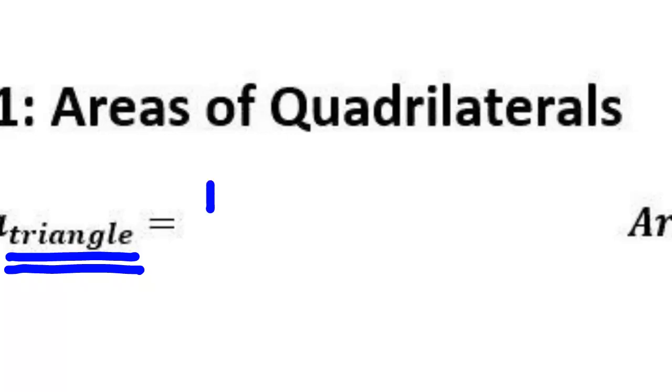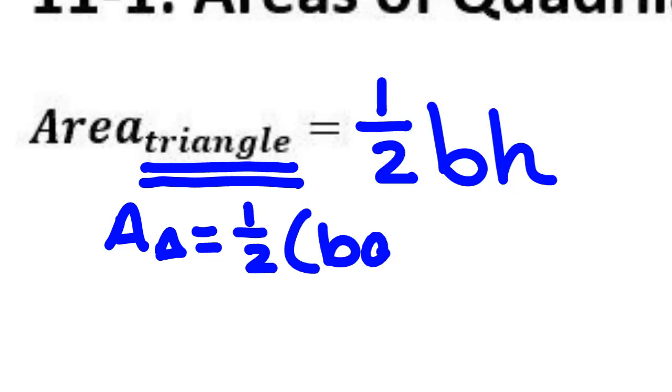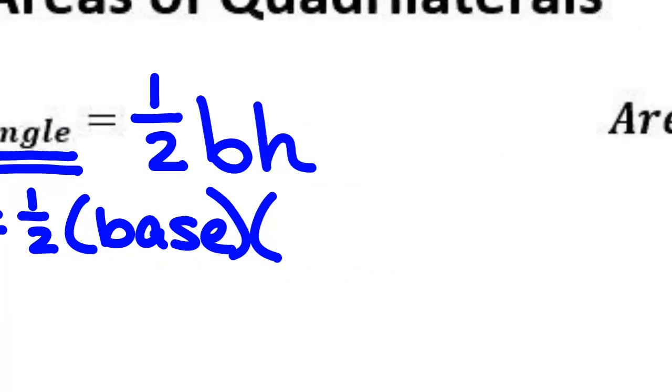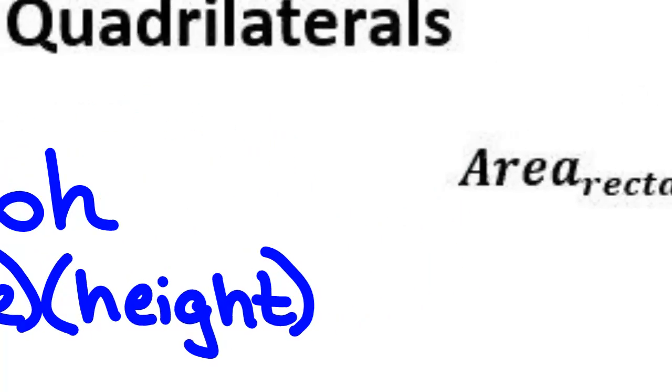It is 1/2 base times height. And we are going to learn a second area formula for triangles in case we don't know the base and the height. We'll talk about that in just a moment.